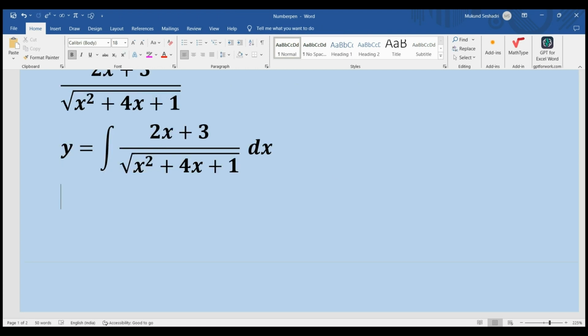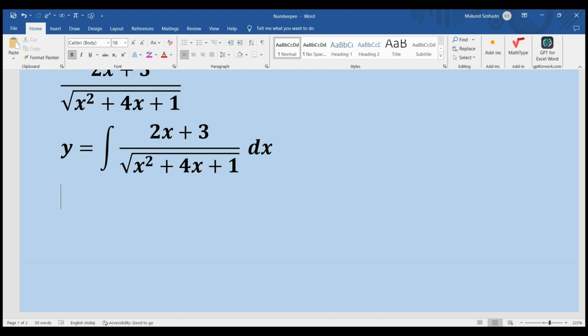Now that's my y. I see that my y is not in a very simple format whose antiderivative I know from first principles. But when I take a closer look at y, I see that I have a quadratic expression inside the square root in the denominator, and then I have a linear expression in the numerator, right? So the way to go about solving these problems is, can I make a connect between the denominator and the numerator?